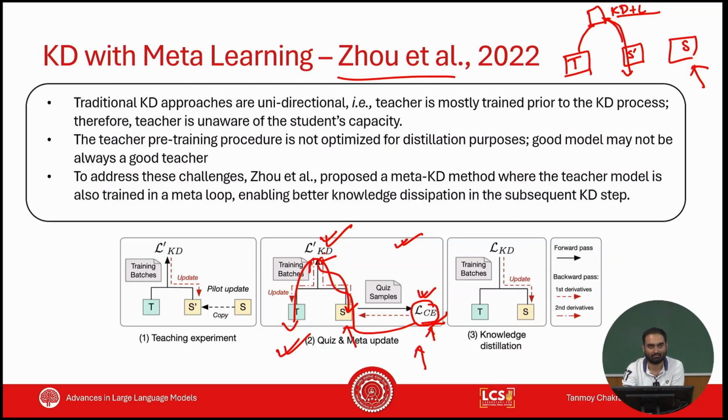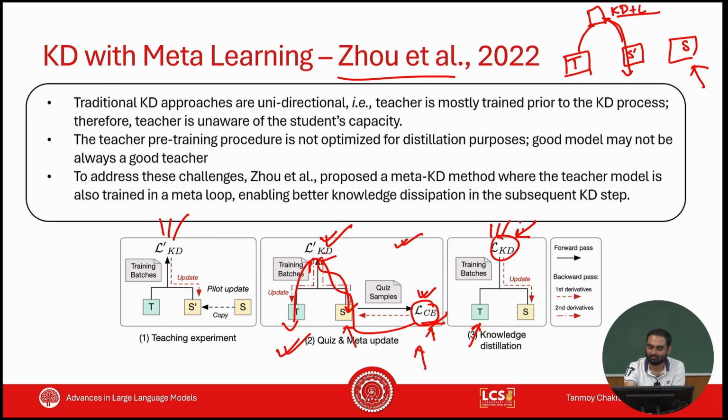Now the third step. What you do is repeat the same KD process again, a normal, regular KD. And here, when you measure the KD, remember the teacher model already got updated previously, right? So the logits that the teacher model produces here would be very different from the logits that it produced at the beginning.